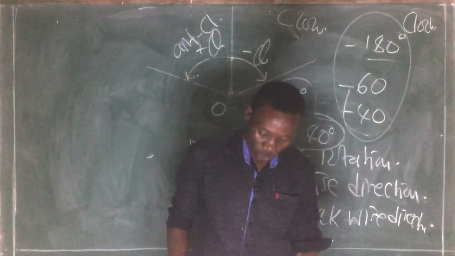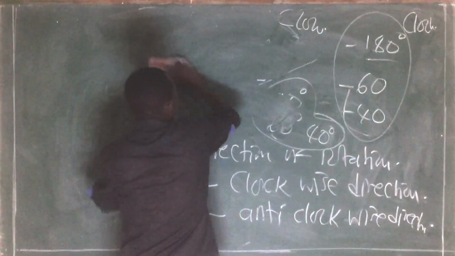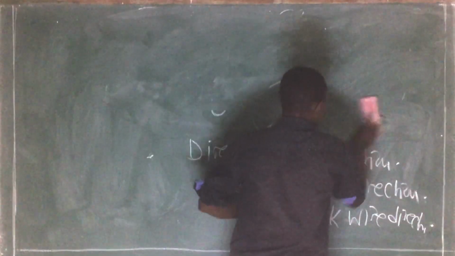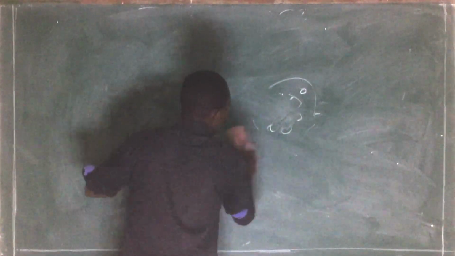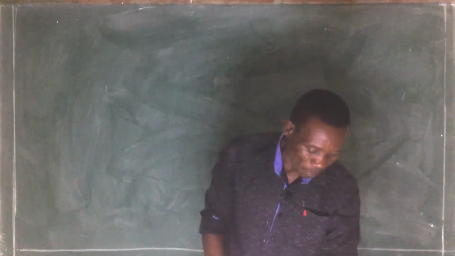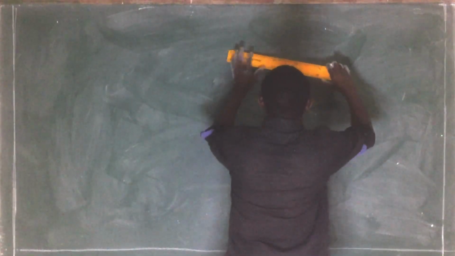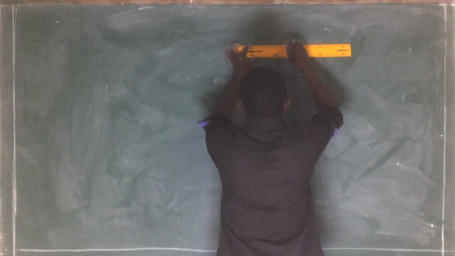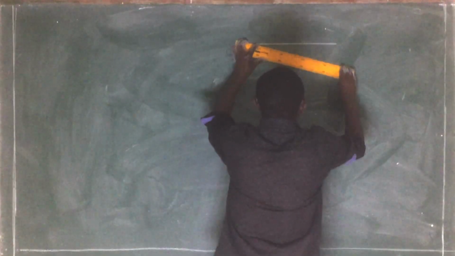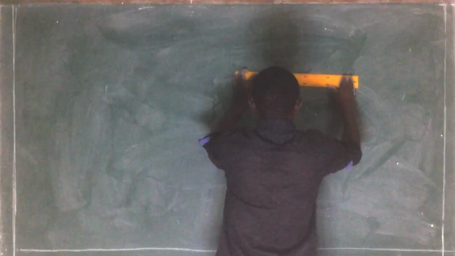The next thing we need to do is an action itself, whereby we try to rotate an object. So let us have this example. Suppose we are given a triangle like this one here. Let me draw it right at the middle.